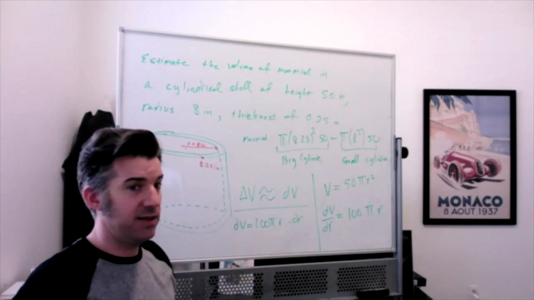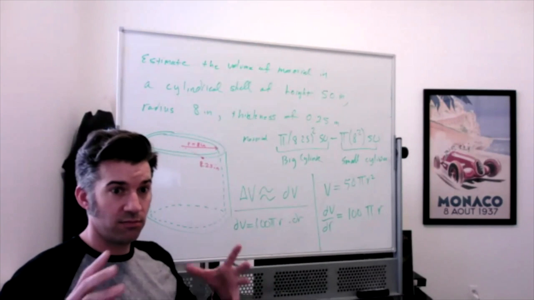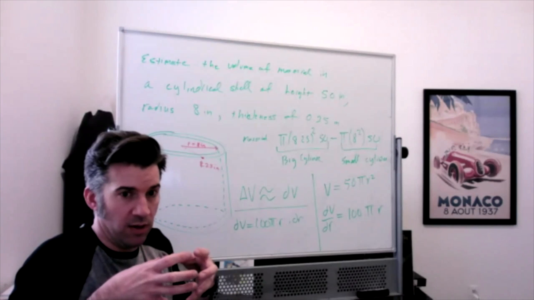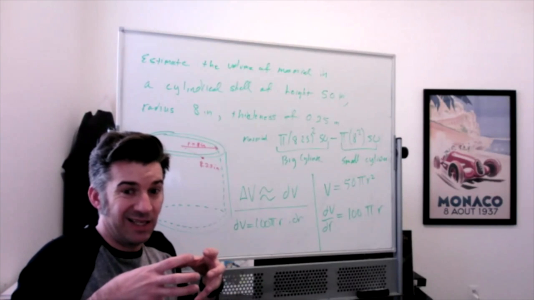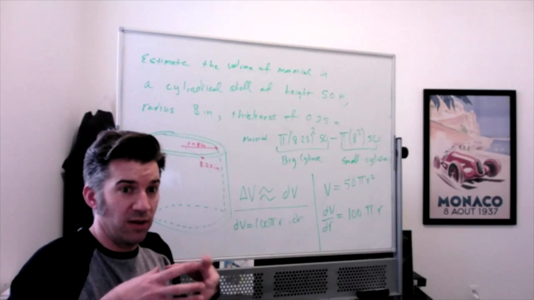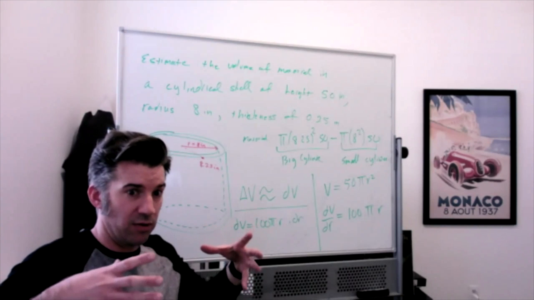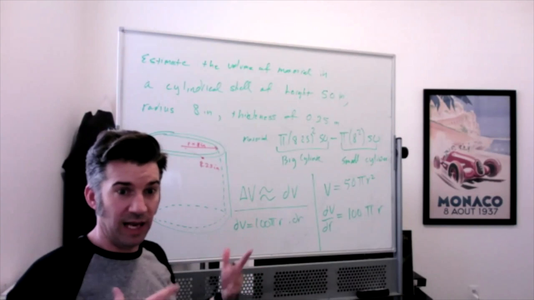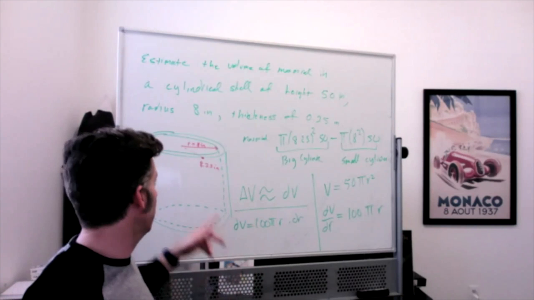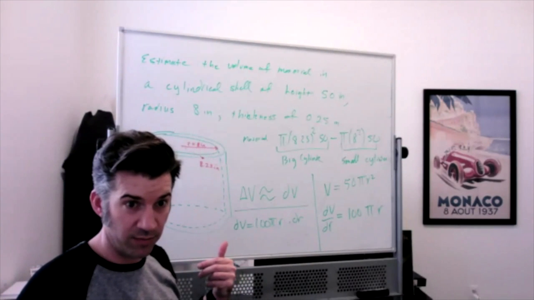If I take a pipe that's 4 inches in diameter and increase it by 1/4 of an inch, that's going to be a different amount of volume than if I take a pipe that's 8 inches in diameter and increase it by 1/4 inch. That 1/4 inch gets you more material if your radius is bigger.